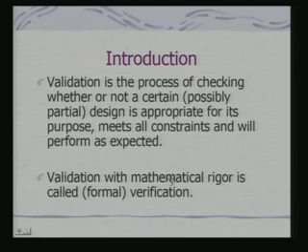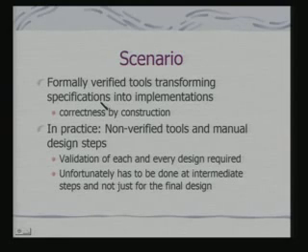Now, validation can be done in a very formal way. So, validation with mathematical rigor is called formal validation. But formally verified tools, what they do? They transform specifications into implementations, and in that case you have got correctness by construction.